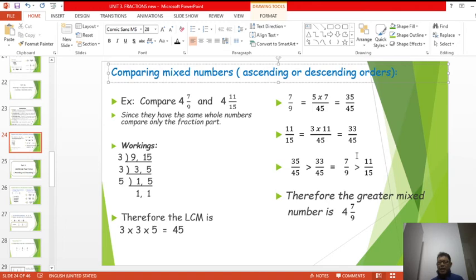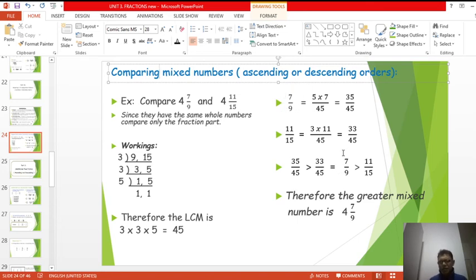Again, our problem is to find the greater value, or the greater number. Remember the position of your finger, like that. Which one is bigger in numerator? It is 7 over 9. So 35 over 45 is greater than 33 over 45. After that, take the original fractions.